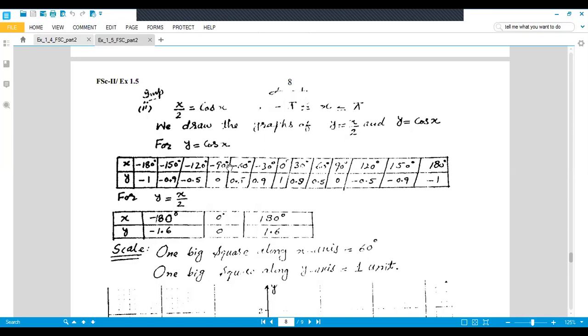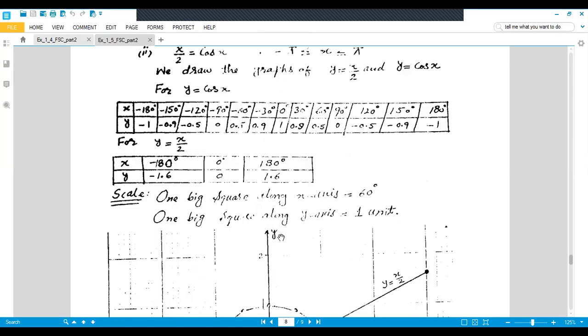You put all these degrees in your calculator in cos and you will get these values. For the second, x over 2, 180 divided by 2 is 90 degrees, and minus 90 degrees is equal to minus 1.6 radian. You have to find it. Then 0 is 0, and positive 90 degrees is 1.6 radian.